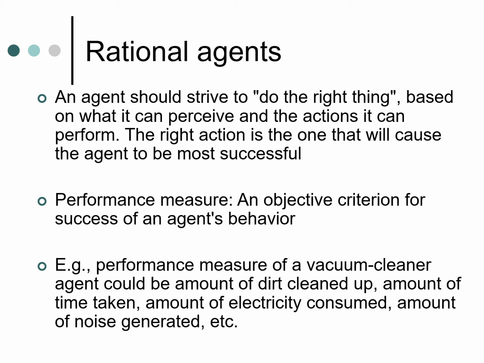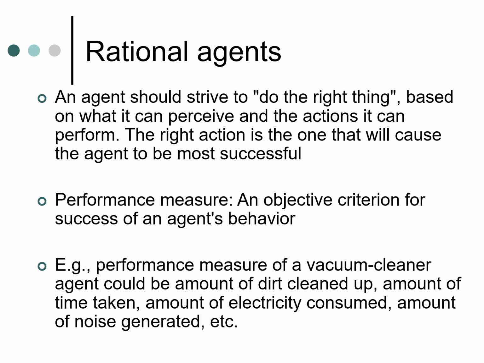Now, let us discuss the rational agent. Generally, a rational agent means doing the right thing, depending on what it perceives and the actions it can perform. Based on the previous history of the agent, we can measure the performance of rational agents. The right action is the one that causes the agent to be more successful.